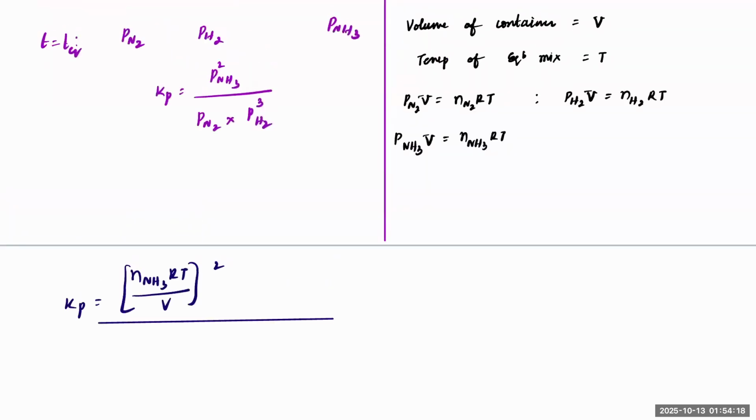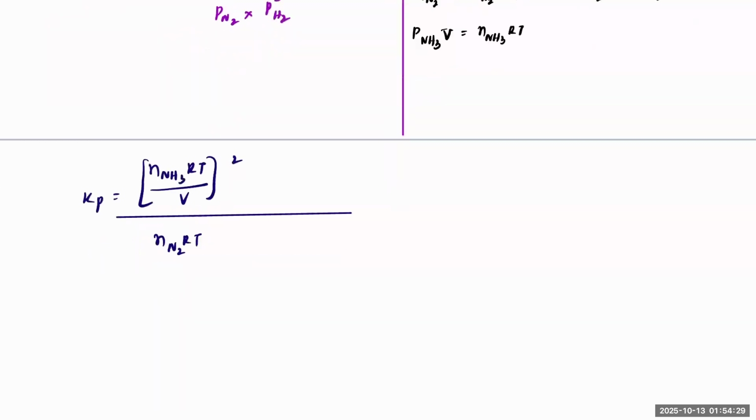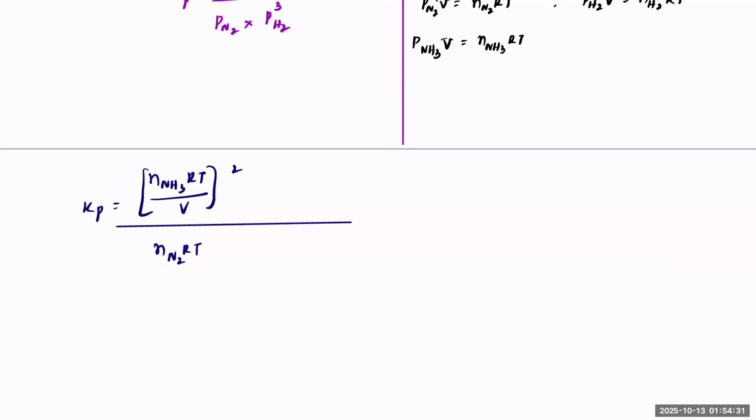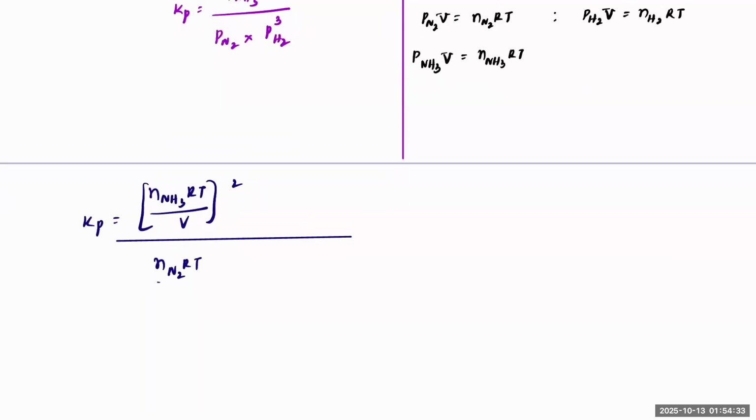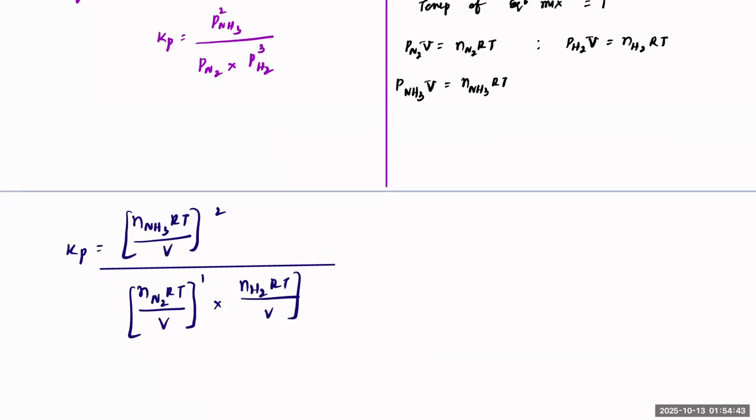And next, partial pressure of N2 is number of moles of N2 RT divided by V, raised to the power of 1, into number of moles of H2 RT divided by V, whole raised to the power of 3. Got it?